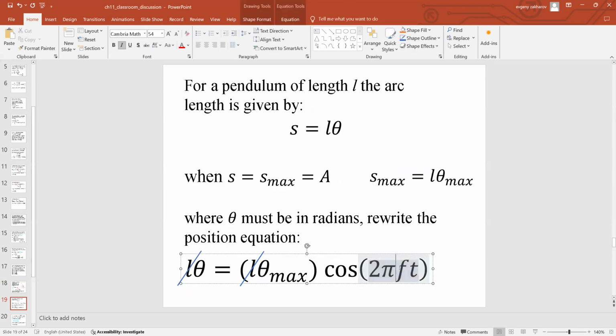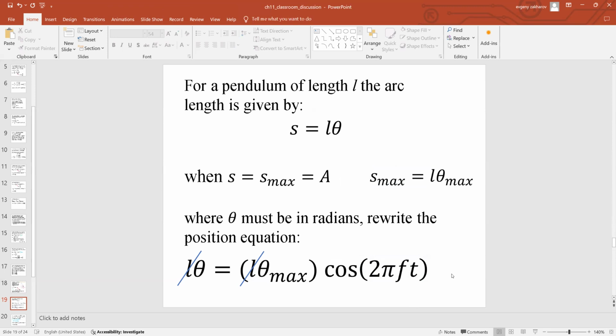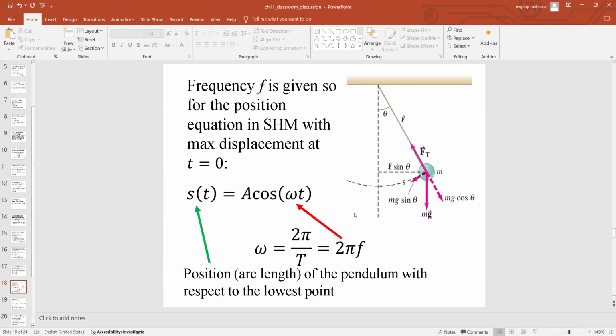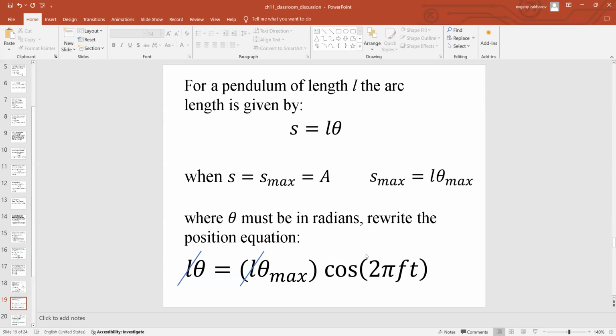This is the frequency that we have given, times the moment of time that we're looking for. Fun fact, the length disappears, it cancels. So the length of a pendulum is not important. It's not given, but it's not a big deal. It turns out it's not going to be affecting our angular position equation.